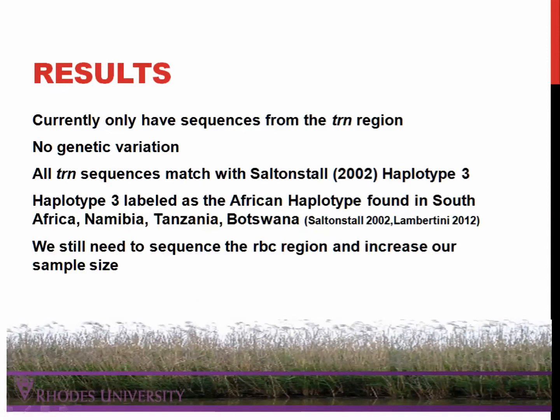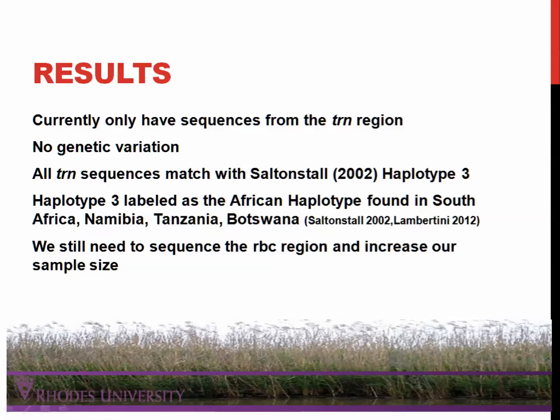This study is actually still in progress. It's not yet finalized, but what I do have is my sites from the TRIN region. What I can report so far is very interesting. There's been no genetic variation in my Phragmites sites, both within populations and across sites in South Africa, and all of the TRIN sequences matched what Saltonstall has labeled haplotype 3.